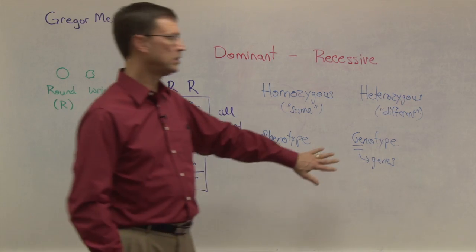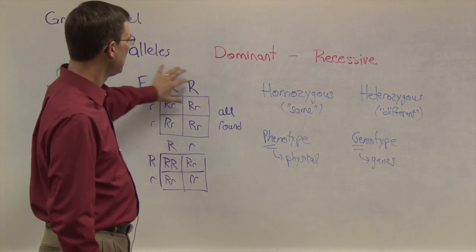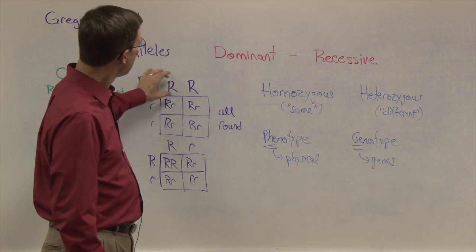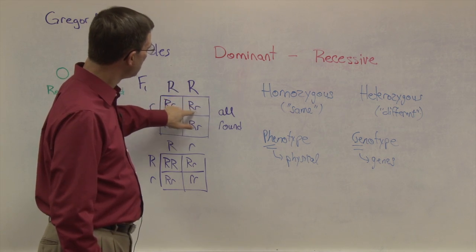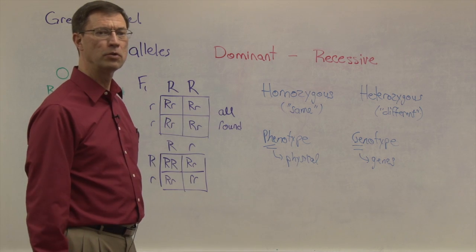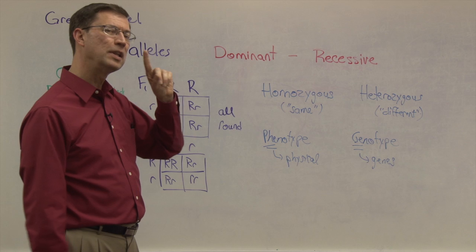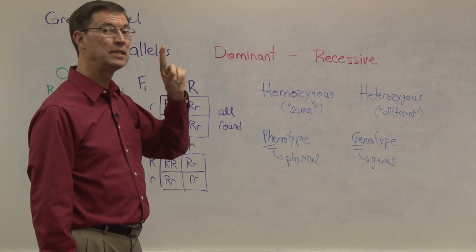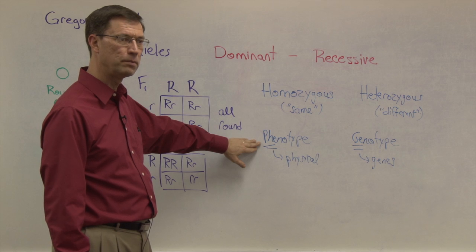Like I said, we can't see the genotype of a plant, but if we play with what we think are the genes, we can put the genotypes up here and see whether it's going to be heterozygous or homozygous for a particular trait. But the only thing that you can actually see or detect with your eyes and with your senses would be the phenotype.